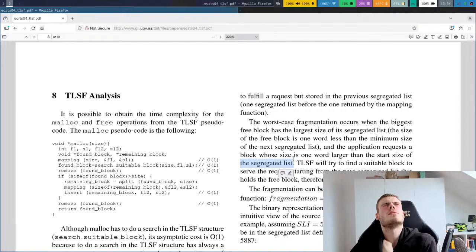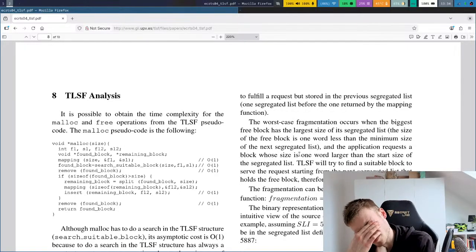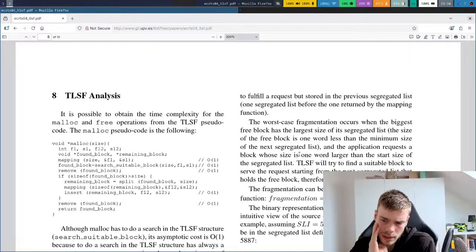Oh. But I thought it maps all. One word larger than this segregated list.